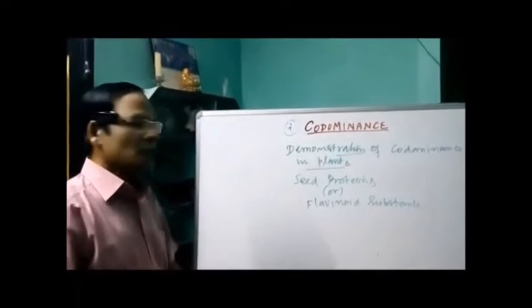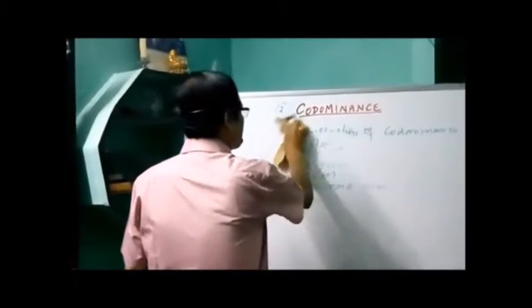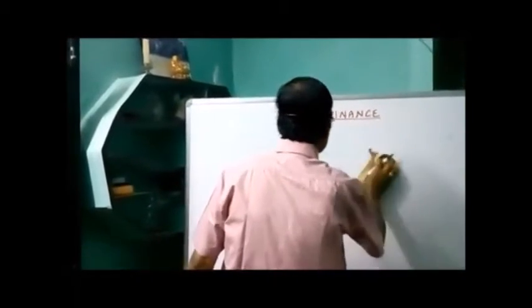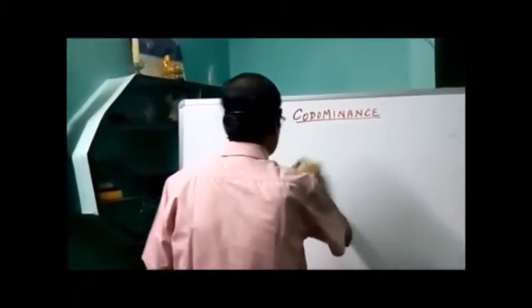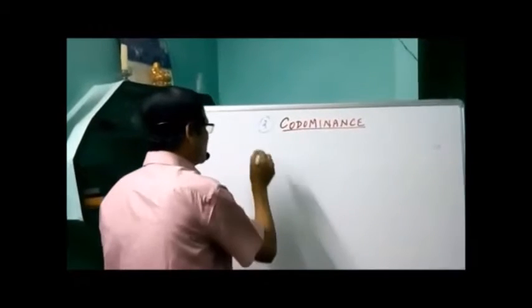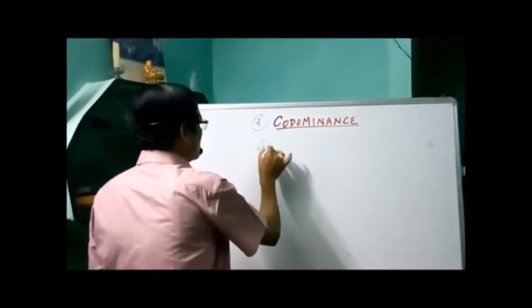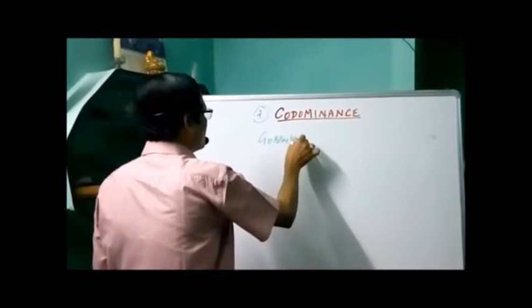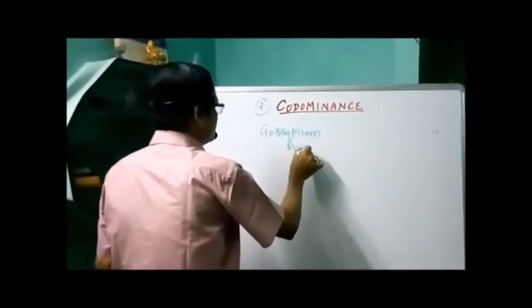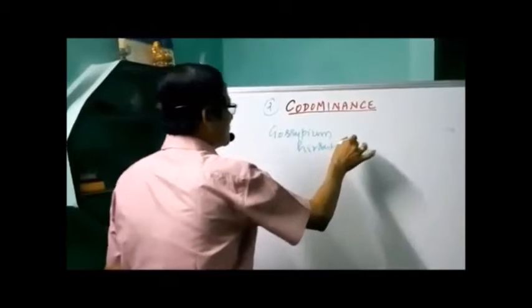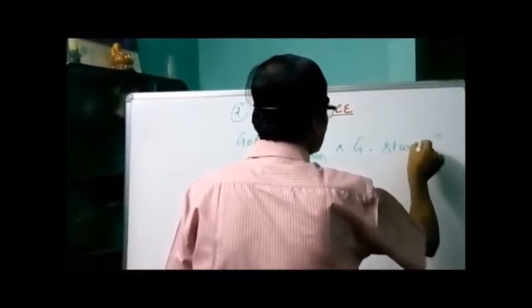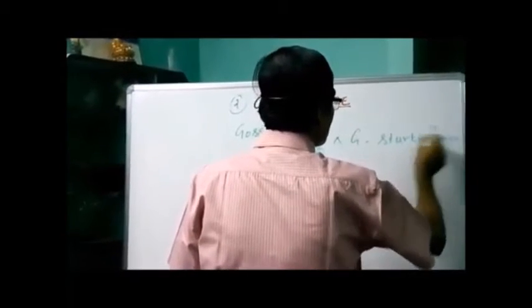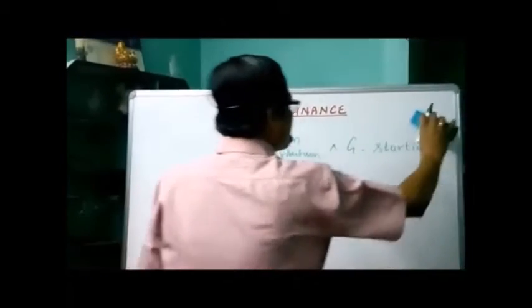For example, a cross was effected between two cotton plants, one Gossypium hirsutum and another one Gossypium sturtianum.